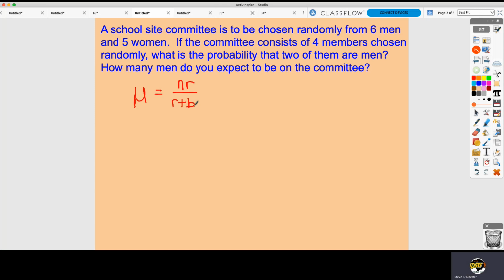Let's start with our N. That would make sense, but it's not. It is, in this case, the number on the committee, so the number that can be chosen.